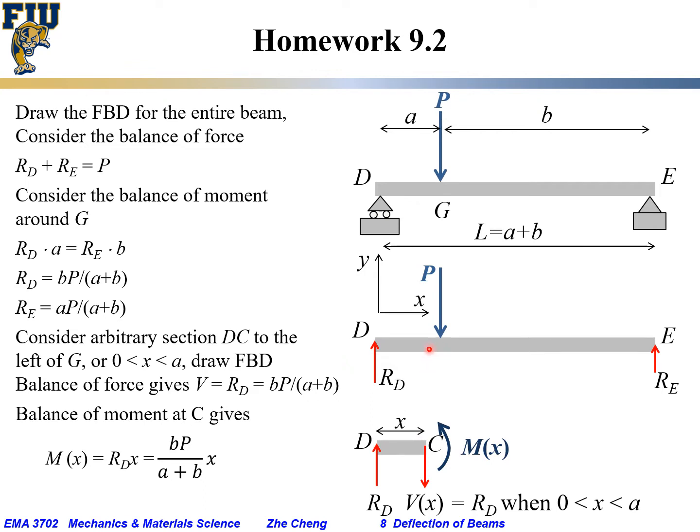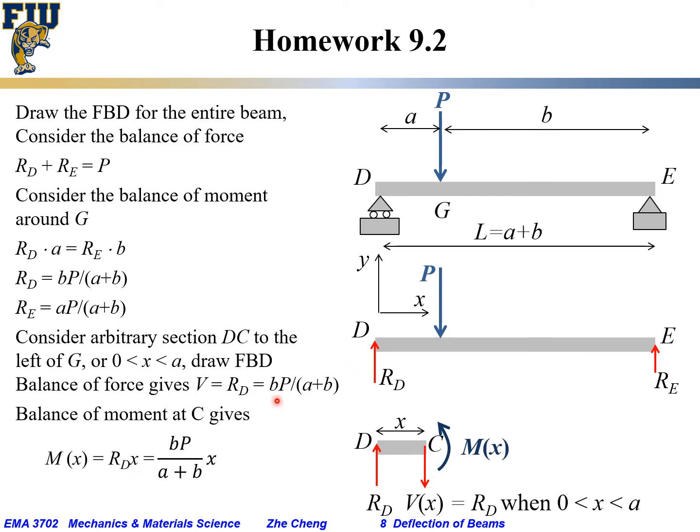So balance of force, as we said, gives the internal shear equal in magnitude to RD, and what is RD? From above, it's BP over A plus B. And for the internal bending moment M(x) trying to rotate it counterclockwise, it would be equal to RD times x if we consider the moment around C. RD times x, and what is RD?